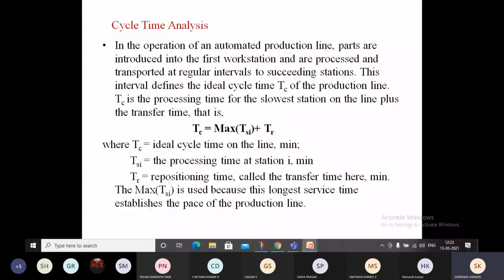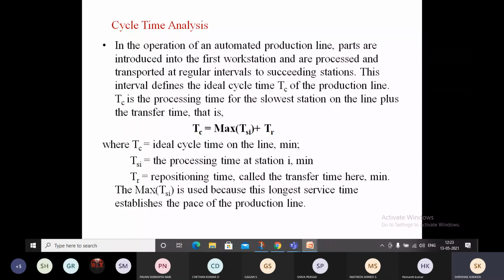Here I have given i number of stations, 1, 2, 3, 4 up to the ith station, Tsi is the processing time of the ith station, and Tr is the repositioning time, also called the transfer time. Max Tsi is taken because the longest service time has to be taken into account in the production line. Whichever machine takes the maximum amount of time, that time will be considered for the Ts.